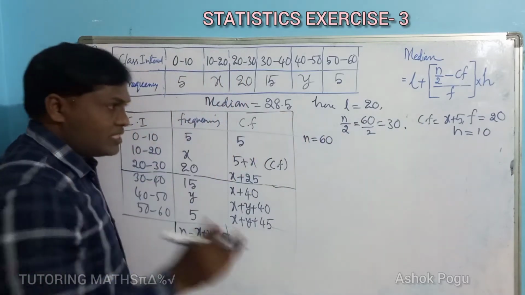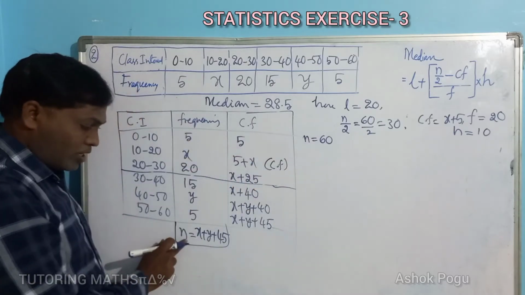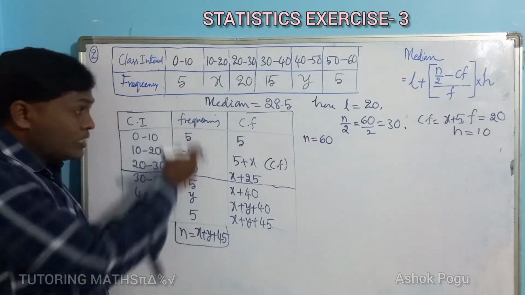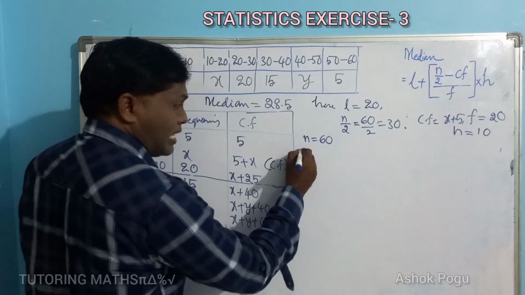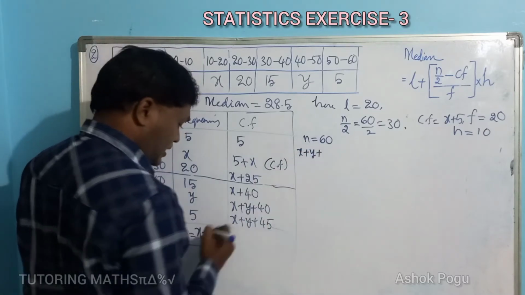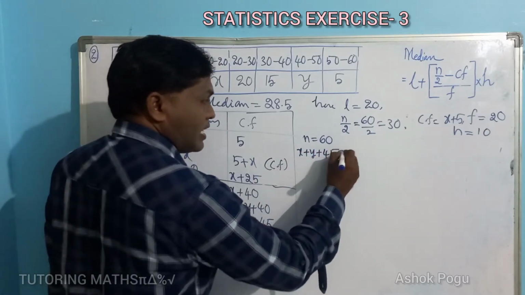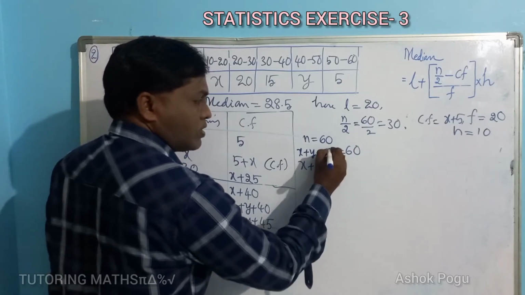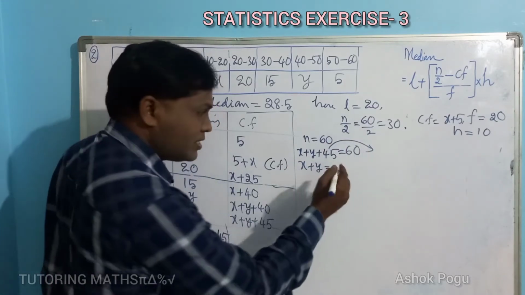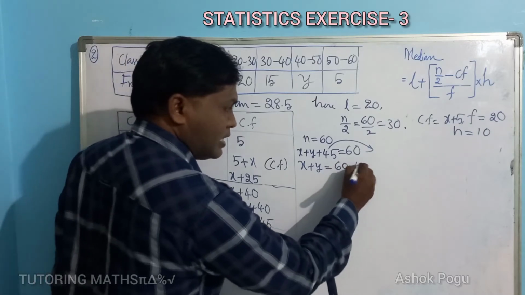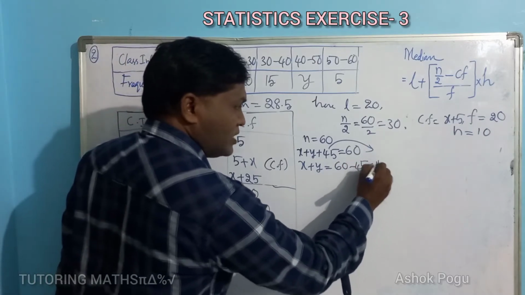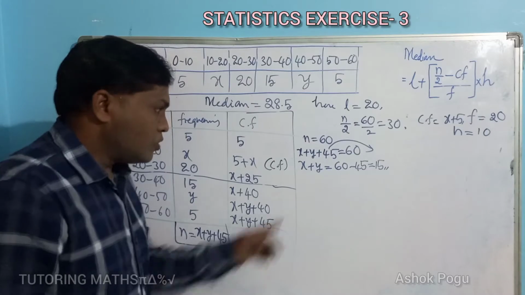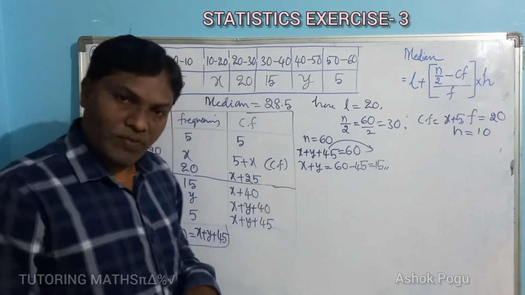But what is n here? According to the table, x plus y plus 45 is 60. Then x plus y is equal to, shifting 45 to the right side, 60 minus 45, which is 15. So x plus y value is 15.